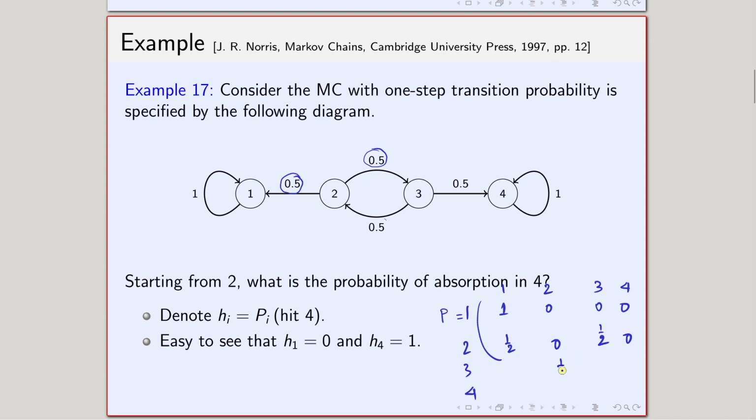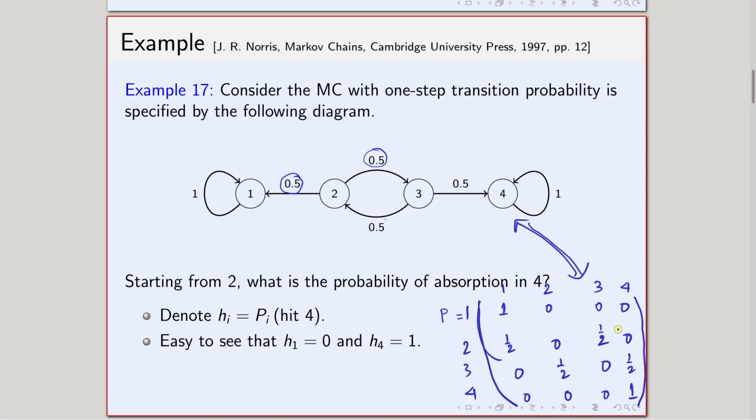From 3 I can go to 2 and 4 with equal probabilities, and the rest are 0. From 4 I can go to 4 only, and the other states are not accessible in one step.